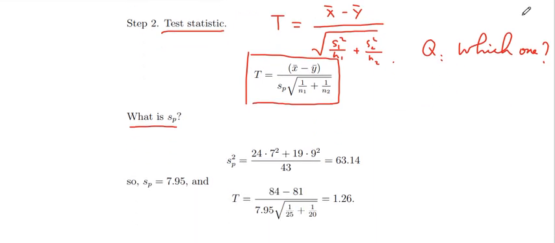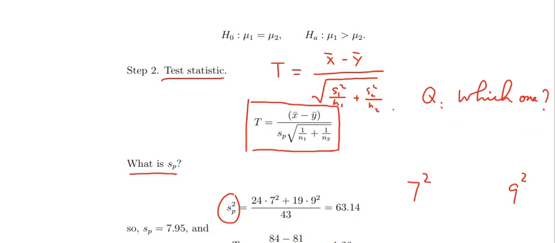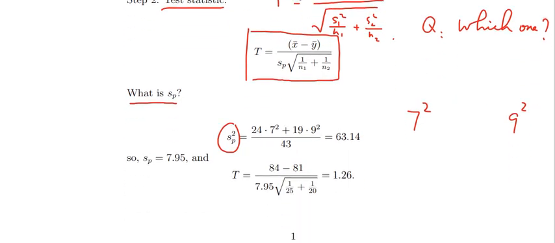So what is the pooled variance? That's SP squared. The pooled variance is the weighted average of those two variances. We have the two standard deviations, 7 and 9, so the variances are 7 squared and 9 squared, right? We need to find the weighted average of these two numbers. Weighted on what? On the degrees of freedom.